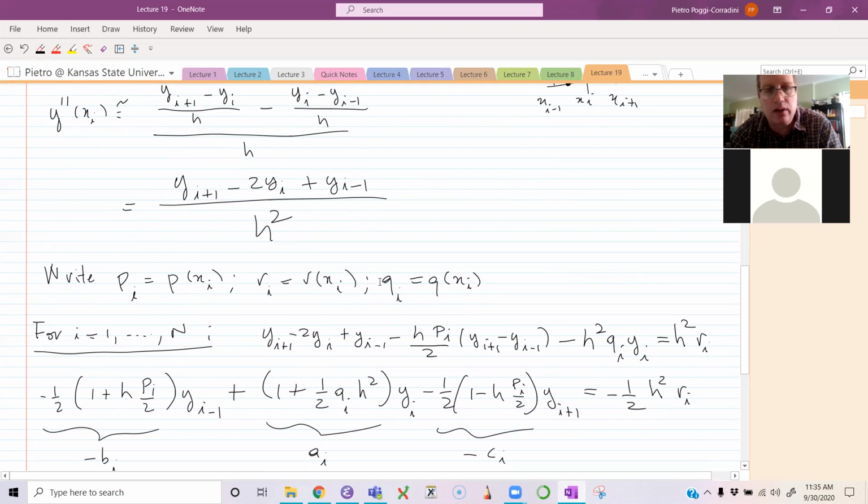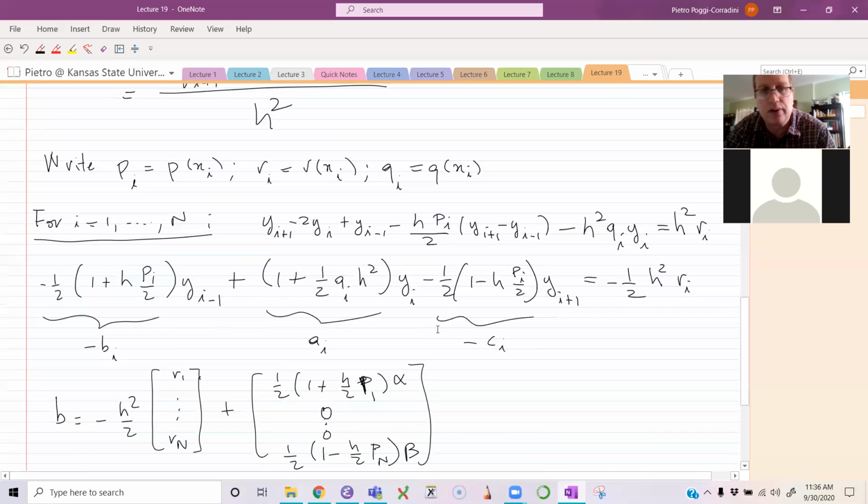Pi, Ri, and Qi are given by the problem. We put everything together and multiplied by h squared to get rid of a small denominator. I also move things around so that I can write it as a tridiagonal system of equations.